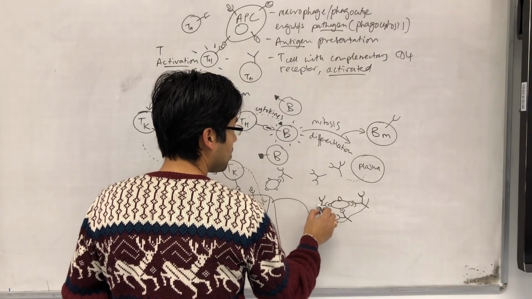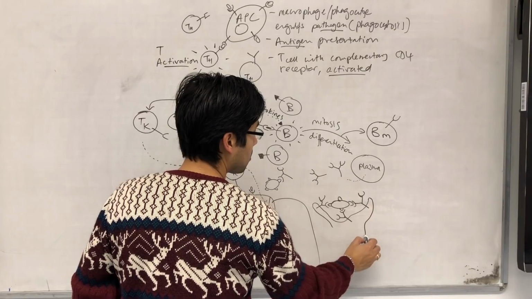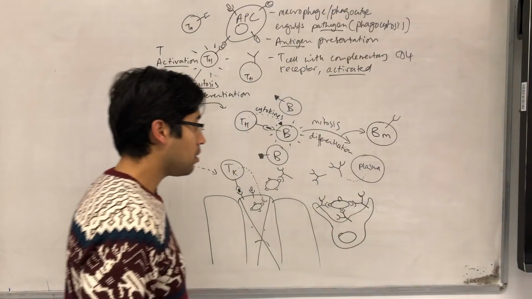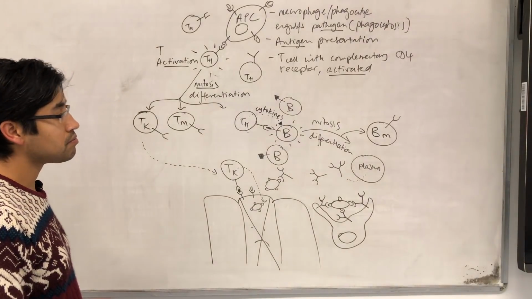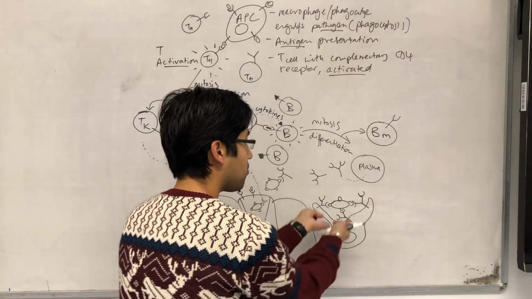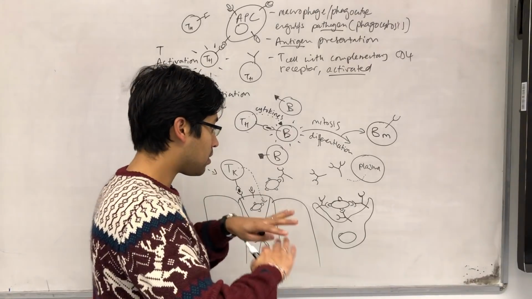So the antibody is actually helping the macrophage to extend its membrane around the pathogen. If the pathogen is covered with antibody, it helps the macrophage to engulf it and remove it.